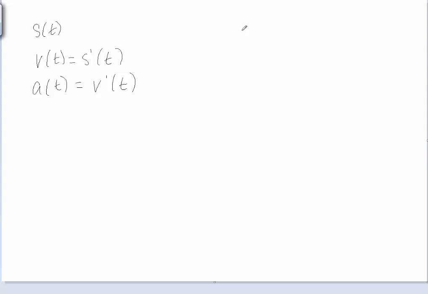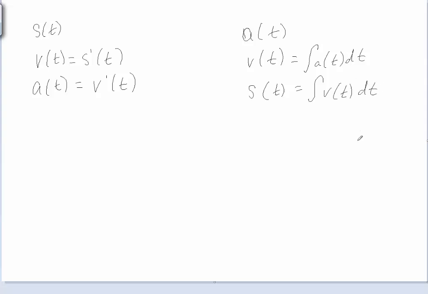And going backwards, if we've got the acceleration function, the integral of acceleration will be velocity, and the position function will be the integral of the velocity function.